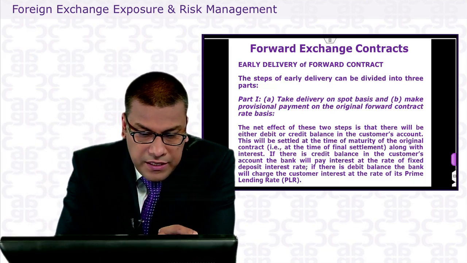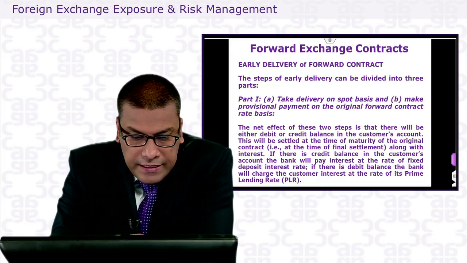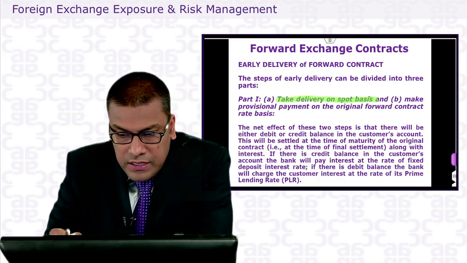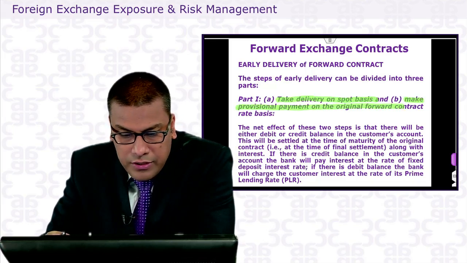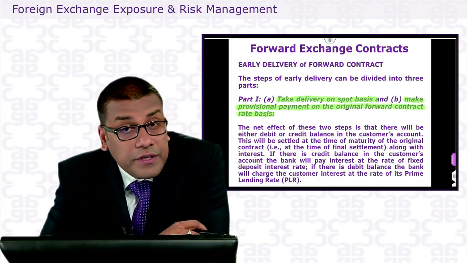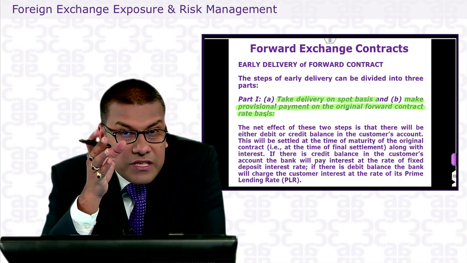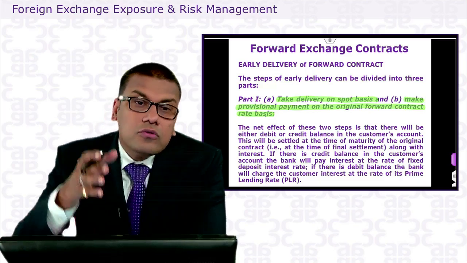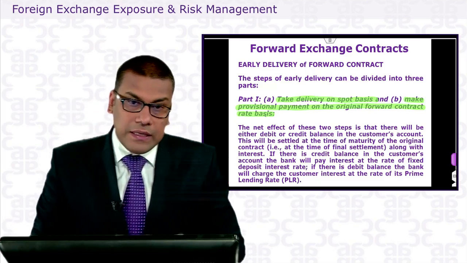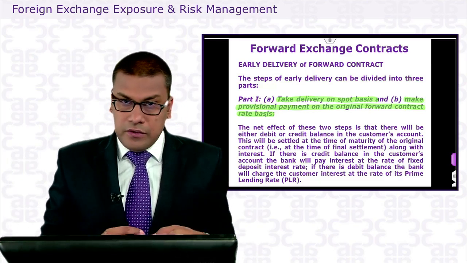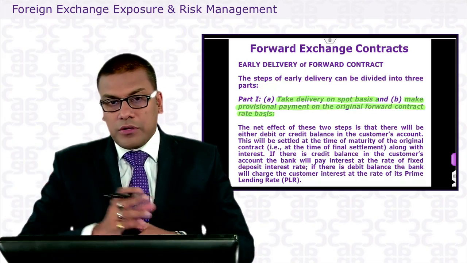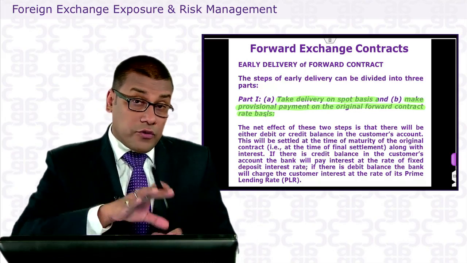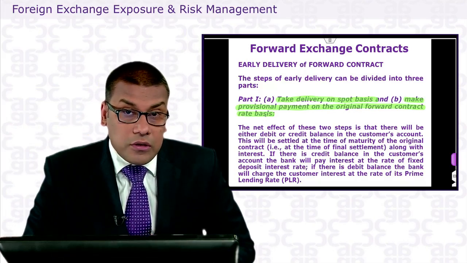The first part is that you take delivery on spot basis and make provisional payment on the original contract that you have entered. So when the customer is coming 15 days before to deliver the contract early, you will take the delivery on spot, and then obviously make a provisional payment for your obligation towards your original forward contract.